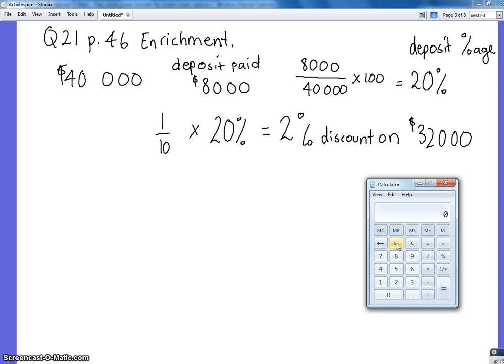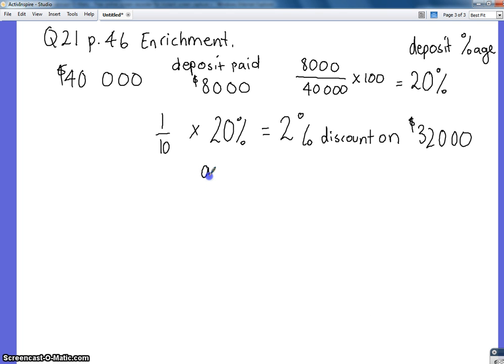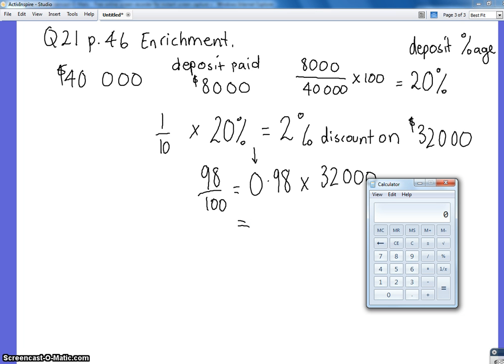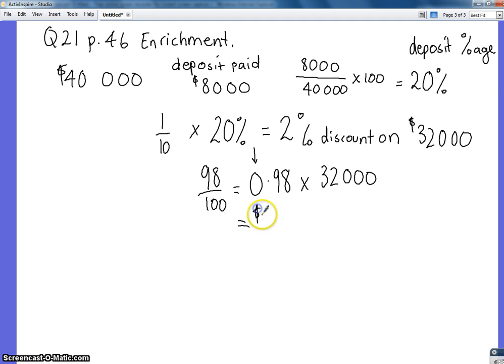We're paying 98% of it, aren't we? Now, whatever answer we come up with should be less than 32,000. That's a way of checking. 0.98 times 32,000. We're paying 31,360.